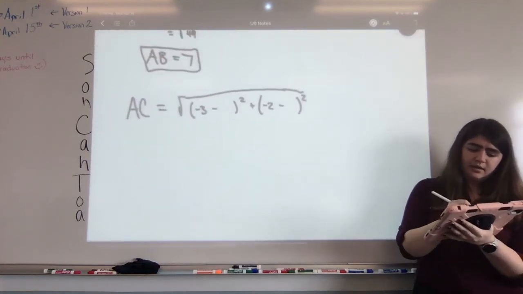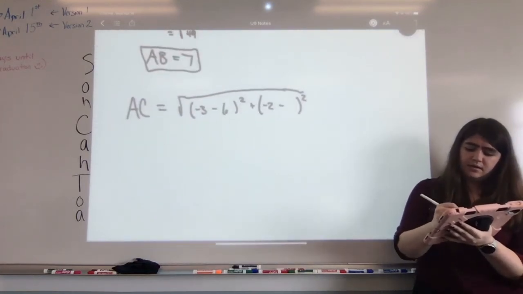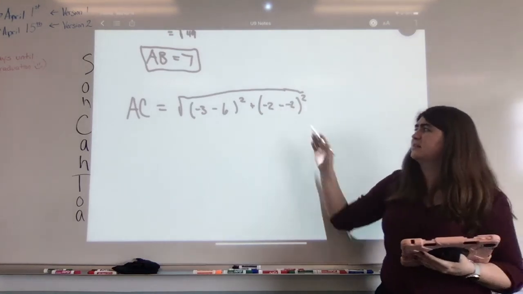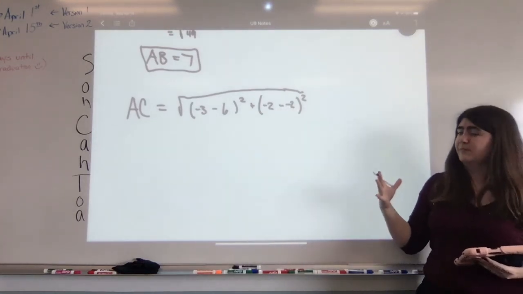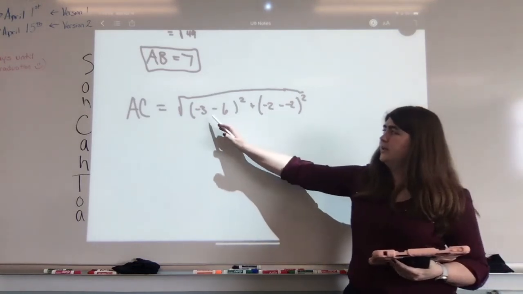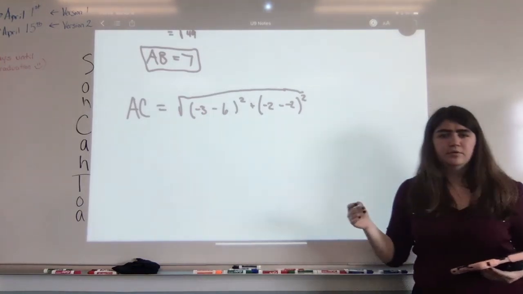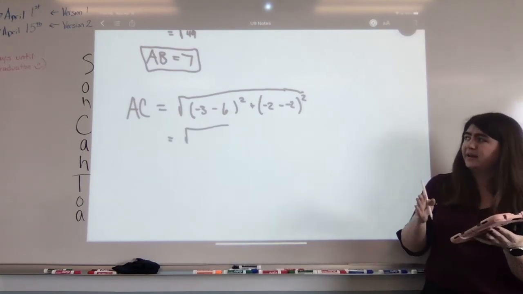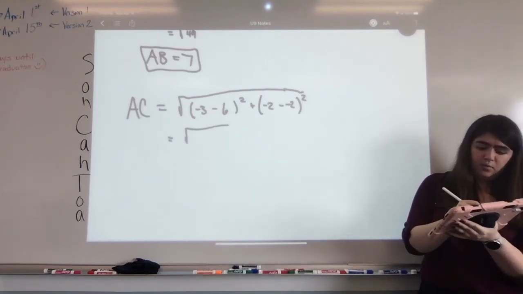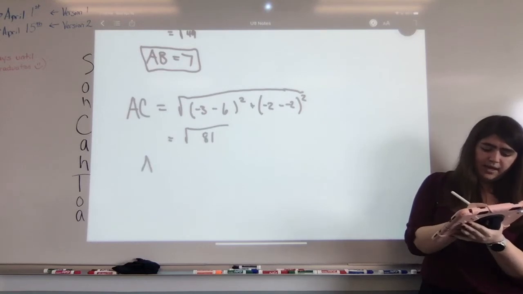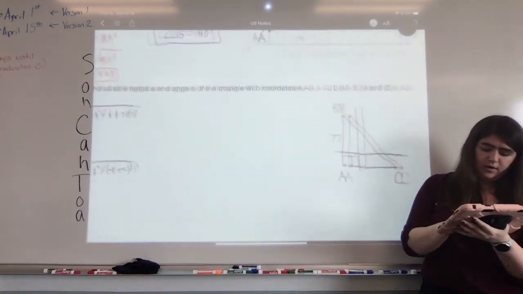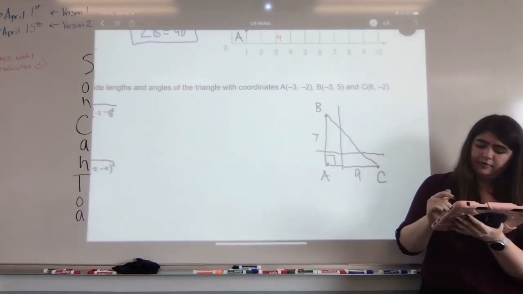So I'm going to plug that in, 6 in the x place and -2 in the y's place. Over here we have -2 minus a -2, that's going to cancel out and give me 0. -3 minus 6 is equal to -9, so this is really equal to the square root of -9 squared, which is 81, which means that AC has to be equal to 9. So we have the square root of 81 is 9, that's AC over here.